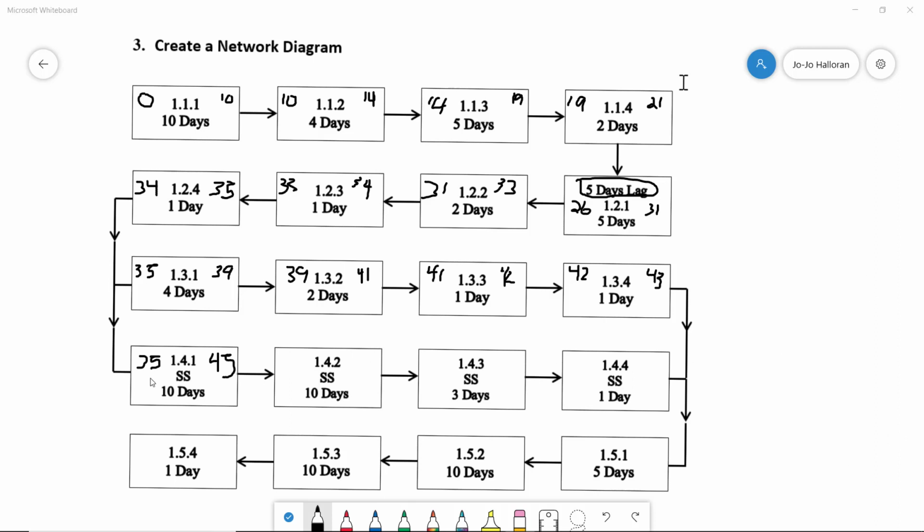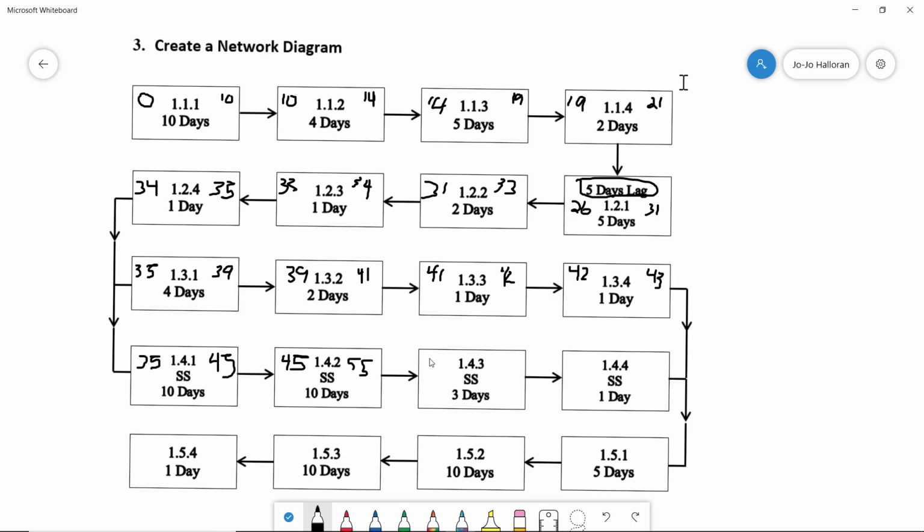So we have our 35 in here and our 45, and these two, 1.3.1 and 1.4.1, have start to start, so they can start at the same time, which is 35. We come over here and start with our 45, and we have to add 10 days, so we have 55.